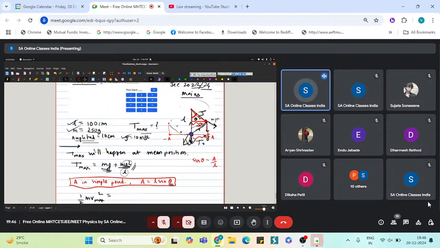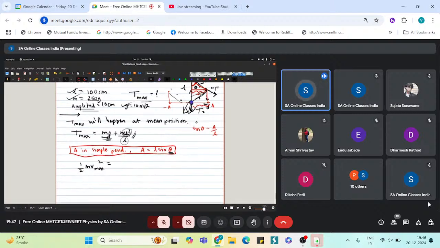And if you remember, as I discussed in the other PDF, the energy at the extreme position will just be equal to the entire potential energy, right? And so we can just write that as mgL times 1 minus cos theta. Okay?